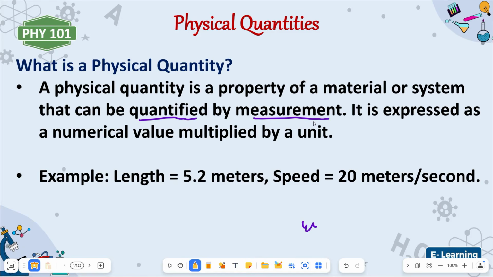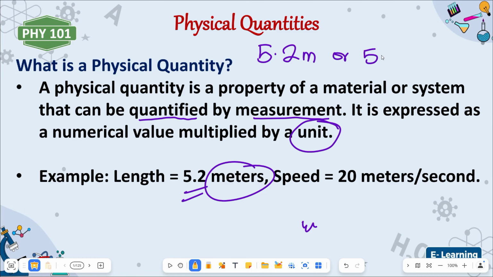By measurement. Now, it is expressed as a numerical value multiplied by a unit. So you have the quantity. The quantity may be like 5.2 as we have here. Then the unit could be meter or 5.2 kilometer, as the case may be, and so on.